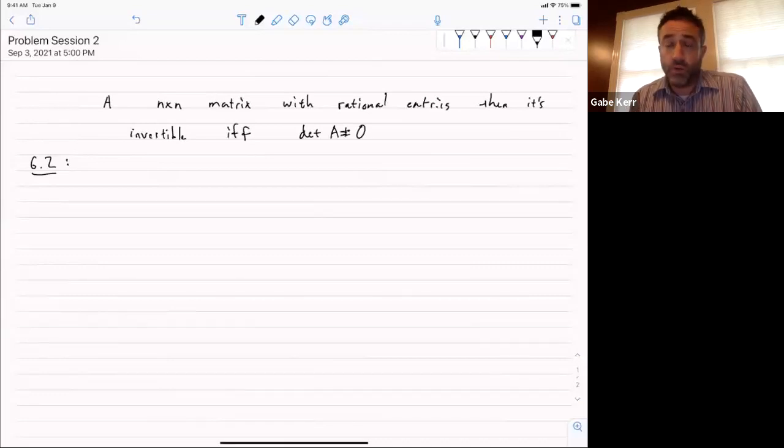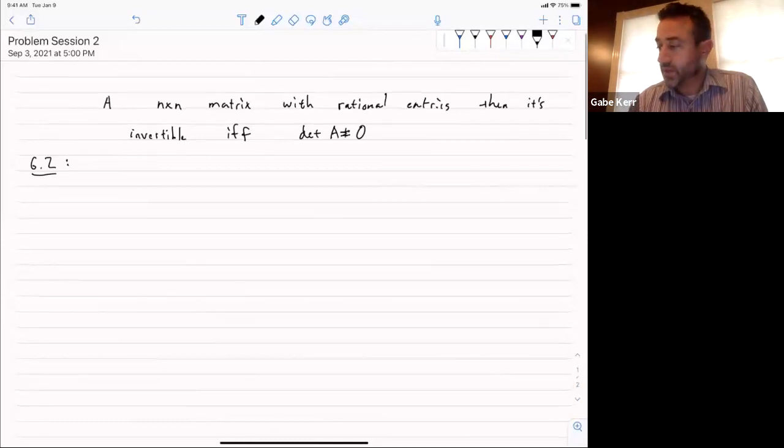So if you had a matrix with integer entries and its determinant is non-zero, then it's invertible, but its inverse has to have some non-integer entries. That's all.